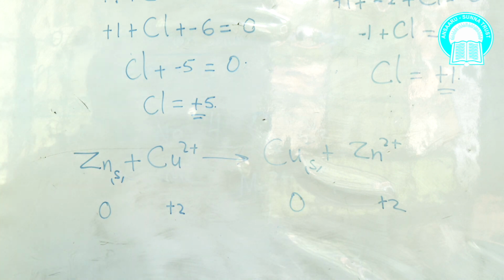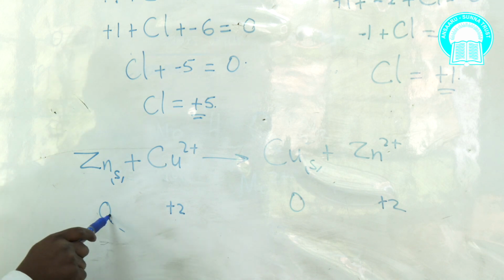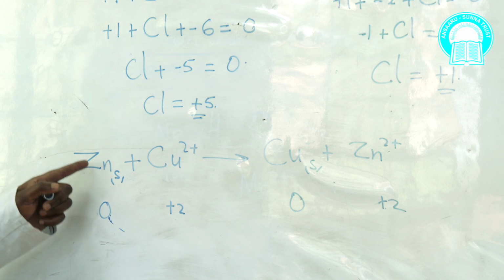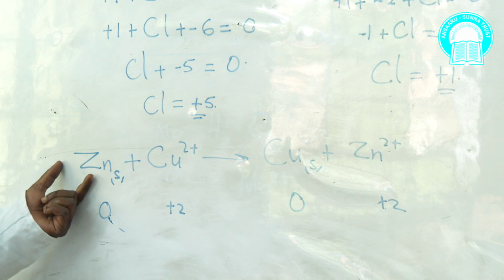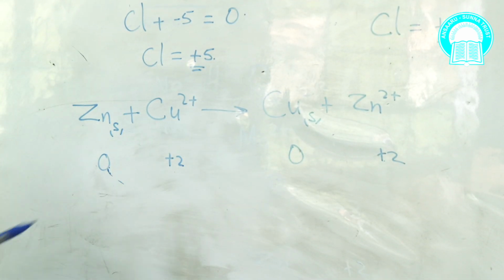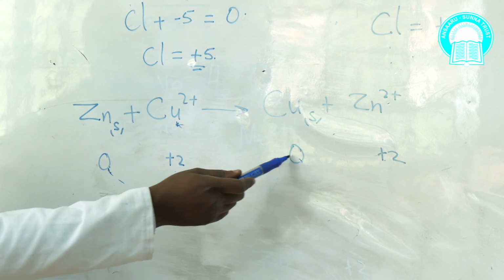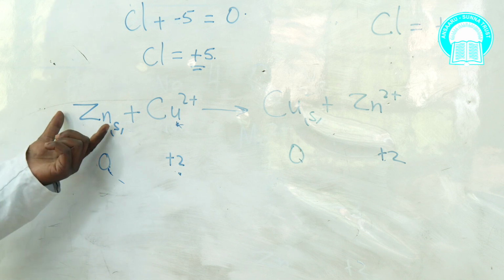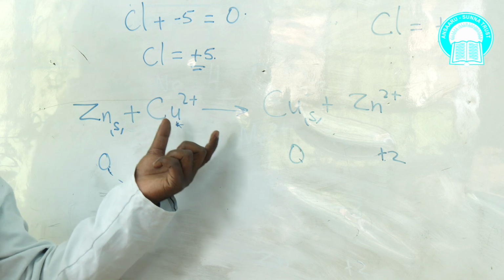So in terms of oxidation numbers, the oxidation number of zinc has increased from 0 to positive 2. That shows electrons have moved from zinc to copper ions, because when electrons are removed, the oxidation number increases. Here, the oxidation number of copper has decreased from positive 2 to 0. So from that, keeping track of electron movements in this reaction, we can conclude that electrons have come from zinc and gone to the copper ions.